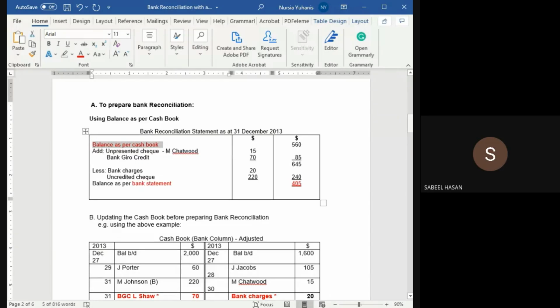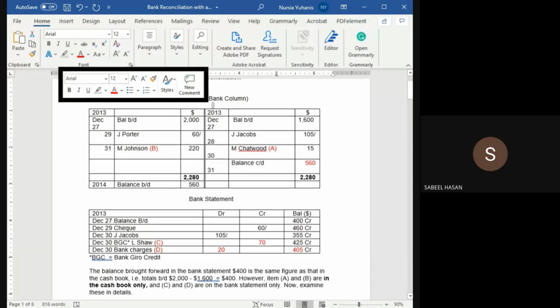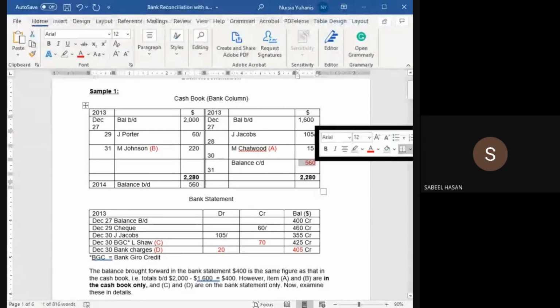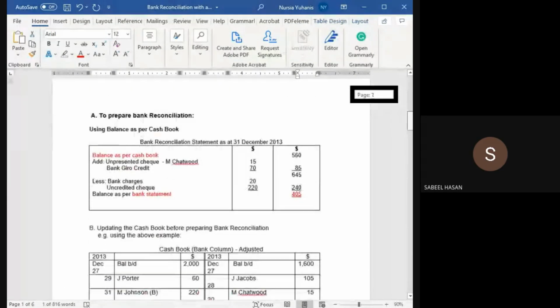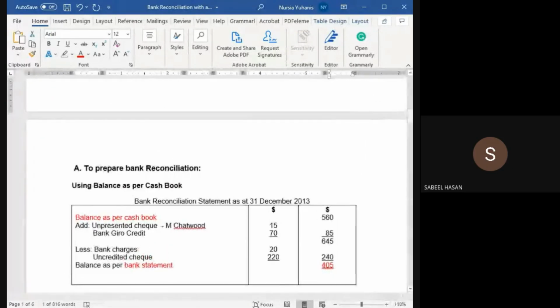So you refer to your cashbook account here. Okay, this is your cashbook account. So what is your balance CD? 560. Okay, your balance CD cashbook is 560. That's why you put here as 560.